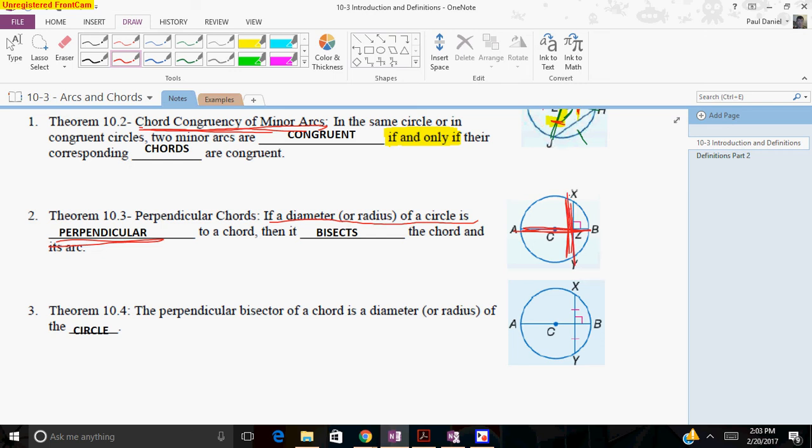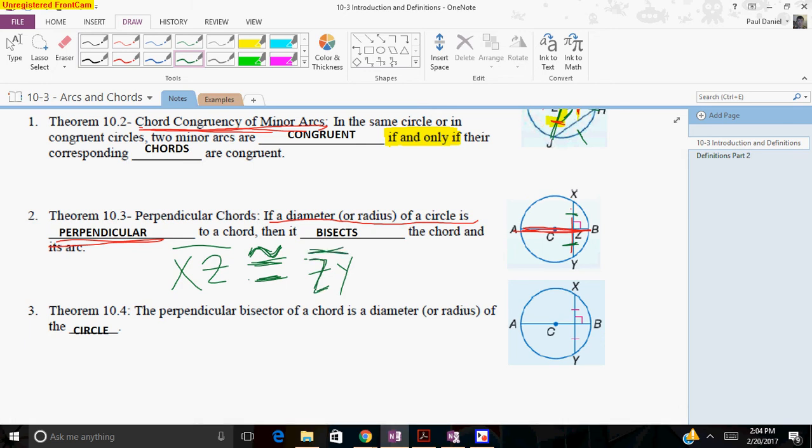If that's true, then that diameter or radius bisects the chord. That means it's going to divide this chord up into two equal parts, meaning that XZ is going to be congruent to the line segment ZY.